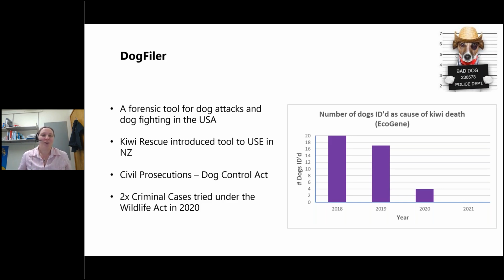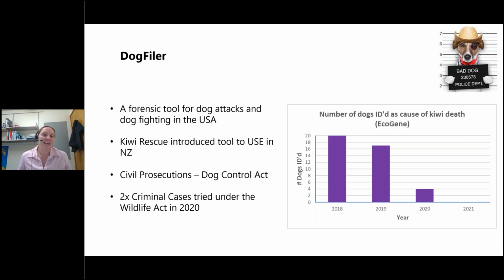And for those of you who are aware of forensics, either humans or animals, you'll understand that having this all-important case law means that Dogfiler as a tool has a much better standing and will be able to be utilised in forensic conservation cases more frequently in the future.